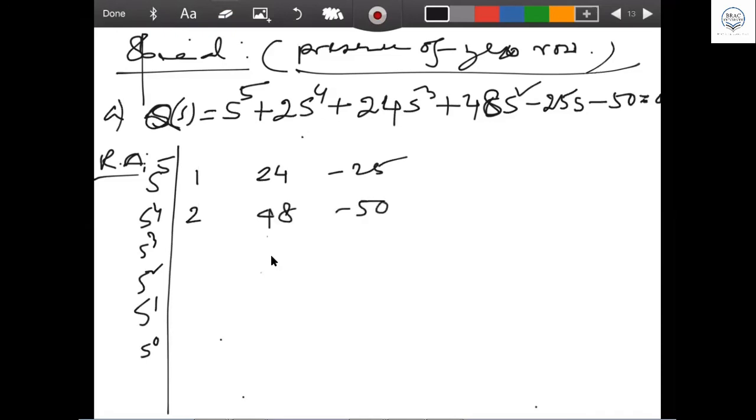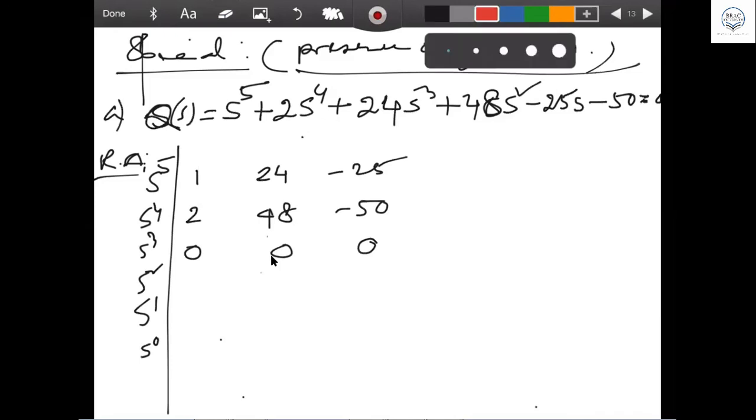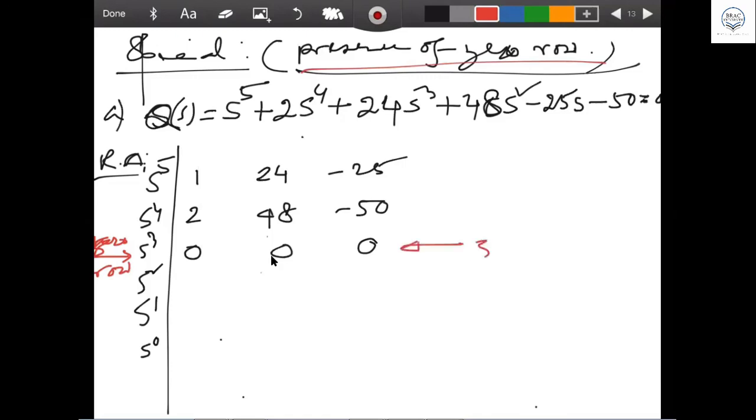Now, what is the third row? 0, 0, all 0. Yes. So this is the 0 row present in the array. This is what I'm talking about, the presence of a 0 row. So the whole row is 0.